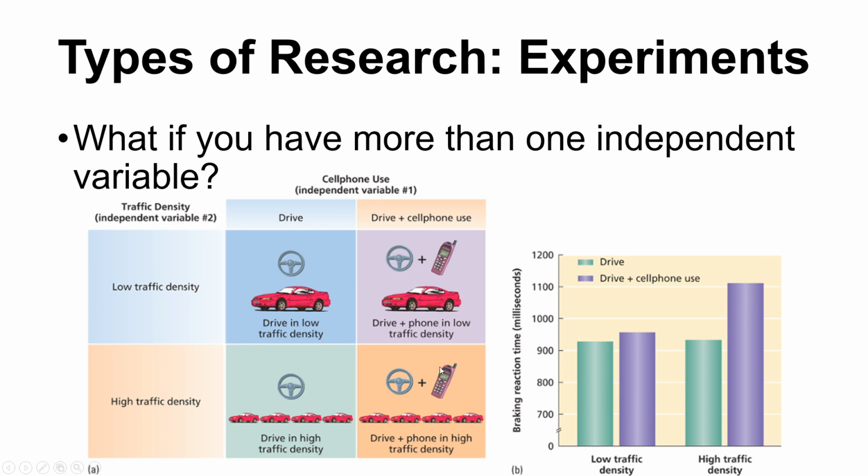But when we look at the interaction here, when they have their cell phone and there aren't too many cars on the street, it takes a little bit longer to stop, but it's comparable. They're doing an okay job. But when we see cell phone use and high density in the traffic, then we see it takes a lot longer to brake.